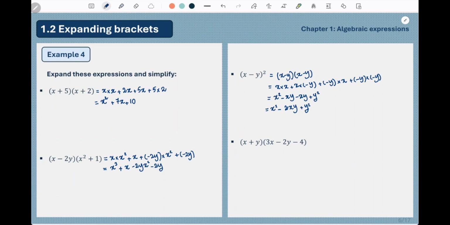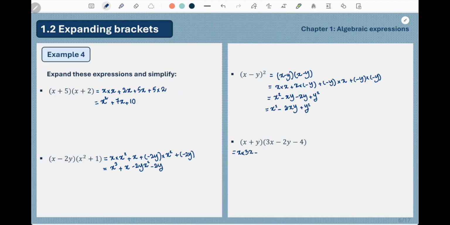Now we're done with this one, and we have one more expression in this example. Here, this second bracket has 3 terms, but we're going to do the same thing. I'm going to go one line down so I have more space. x times 3x.